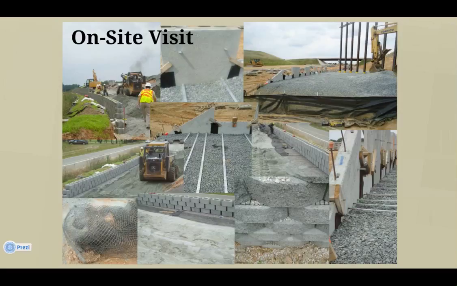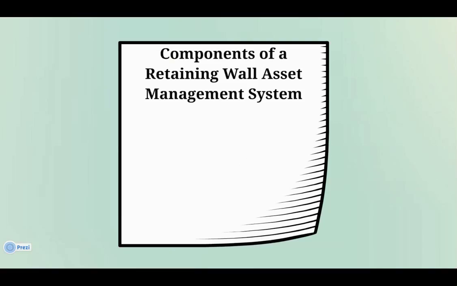The second was to determine what data needed to be collected, conduct wall condition assessments, create a rating system, and provide an implementation strategy. So the purpose of this project is not only to come up with a great program that we can provide NCDOT, but our goal is to also outline an implementation strategy that will allow NCDOT to implement this program into their existing asset management program.